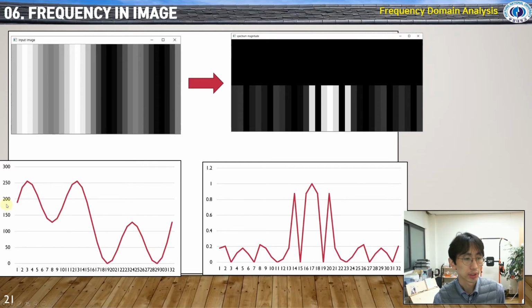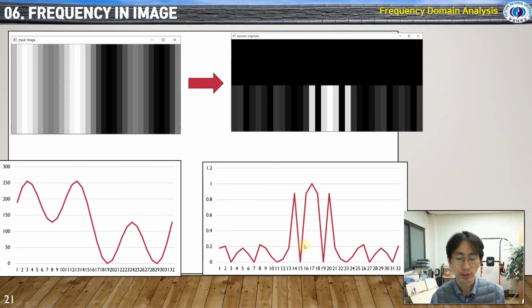Go up, down a lot, up a little, and down again. And when you apply the Fourier transform to this image, you get the image on the right side. You can also draw a graph according to the x-axis, and the changes of pixel colors will be like this.